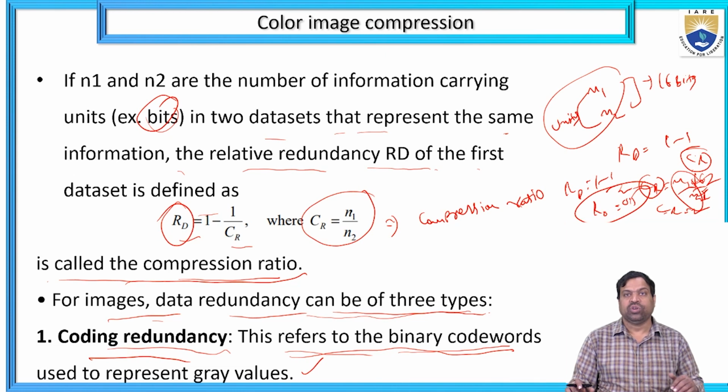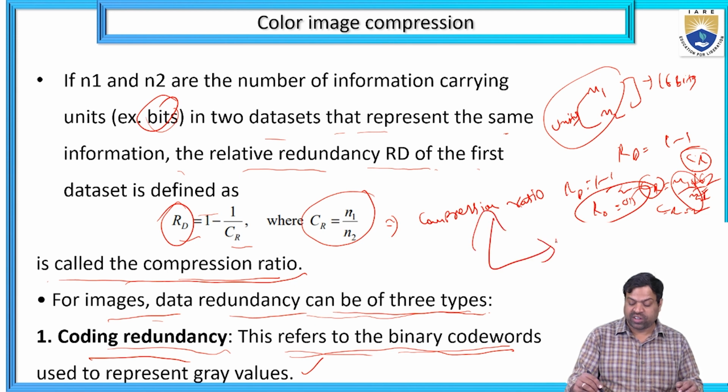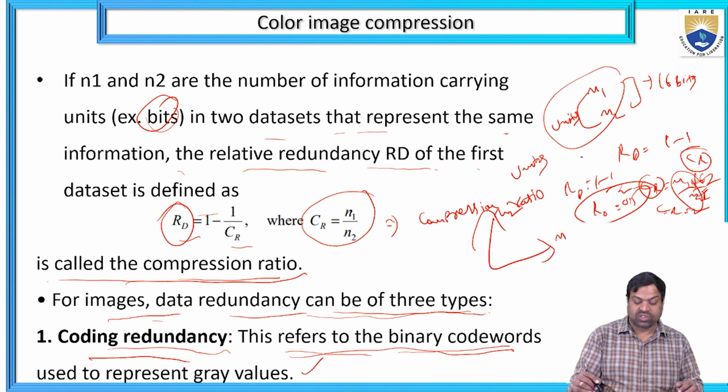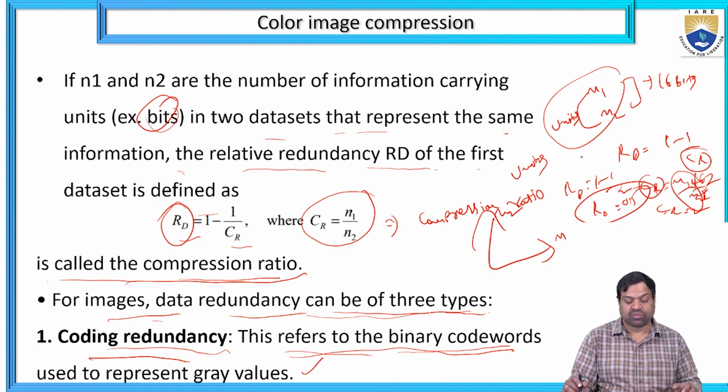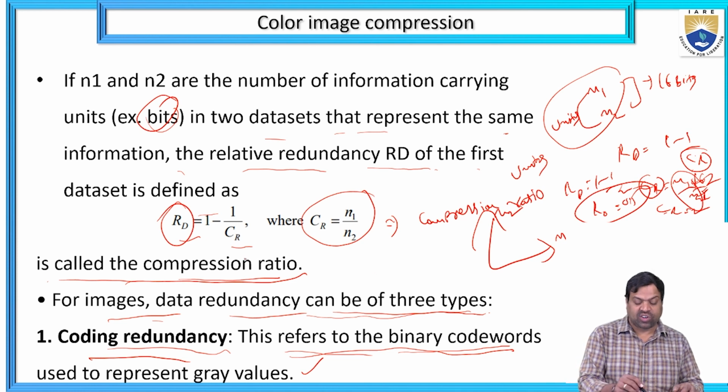Suppose I take two numbers of units, N1 and N2. Why? Because for any image we take N1 and N2 as units, in the form of bits, two data sets that represent the same information. The relative data redundancy of the first data set is defined as RD.